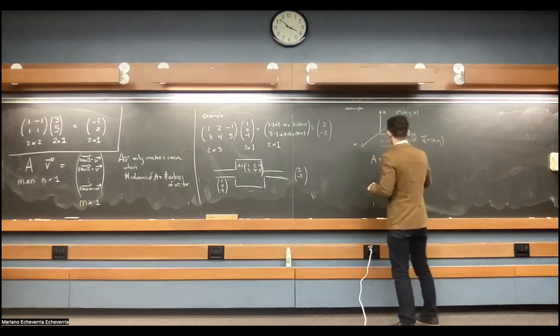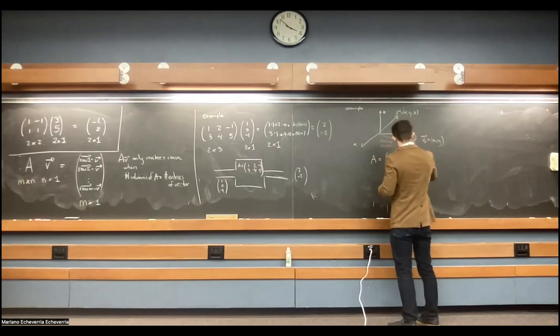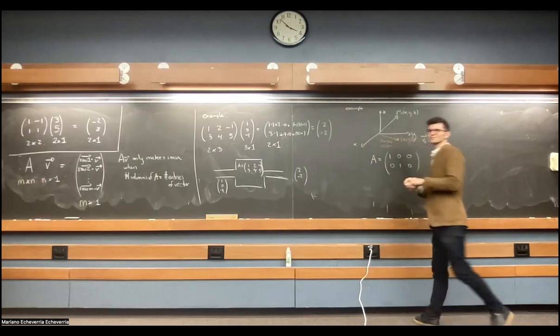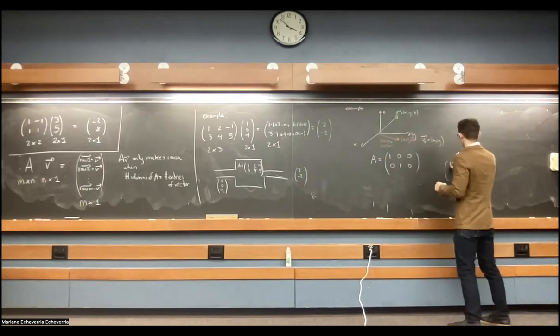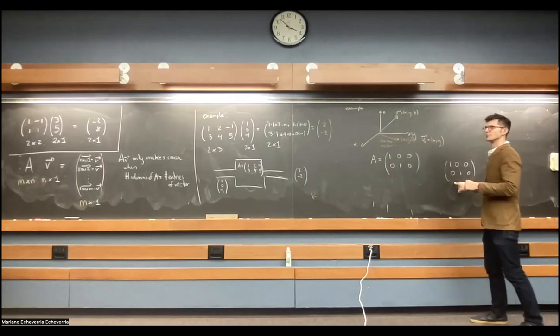If you take the matrix with rows 1 0 0 and 0 1 0, you can check. What is this matrix? It is 2 by 3.